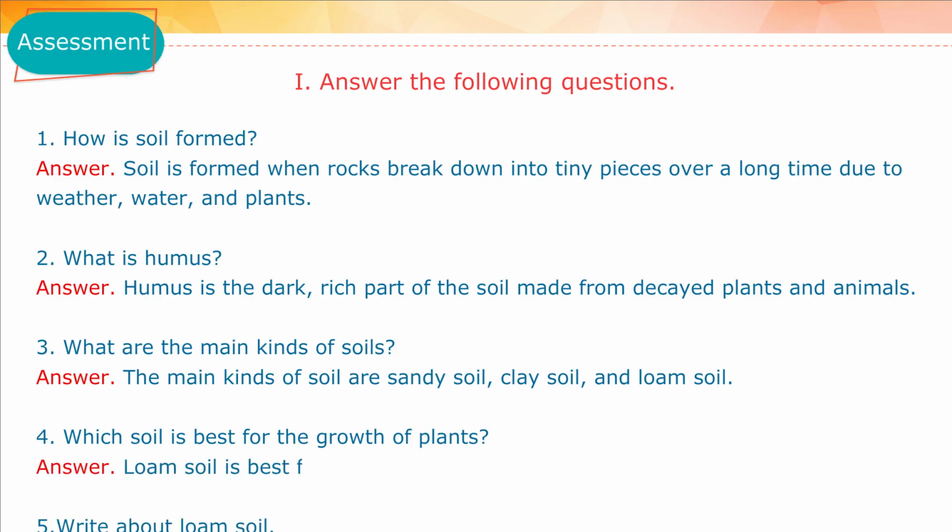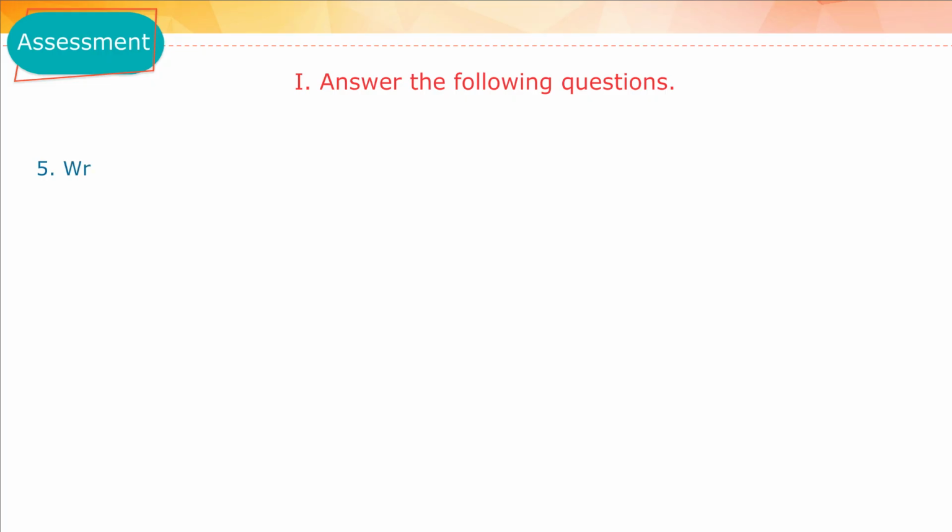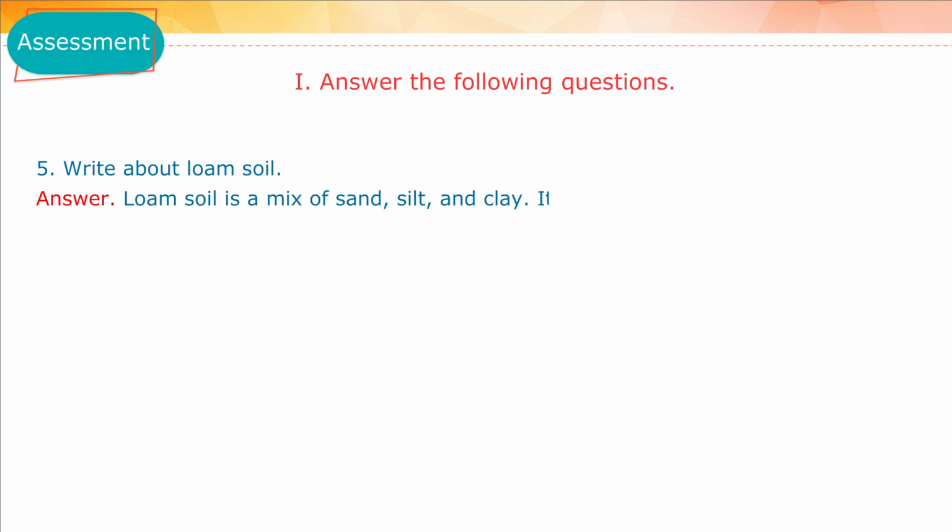Loam soil is best for the growth of plants. 5. Write about loam soil. Answer. Loam soil is a mix of sand, silt, and clay. It holds water well and has lots of nutrients, making it great for plants.